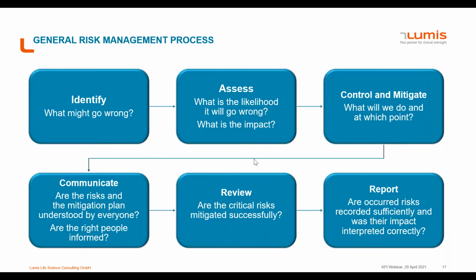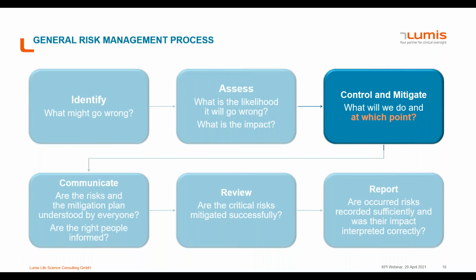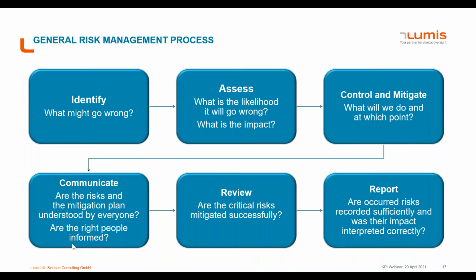The first step is the identification of risks by answering the question, what might go wrong in my clinical trial? After you have answered that, you may end up with a big number of risks, and these have to be assessed to be reduced in their number.